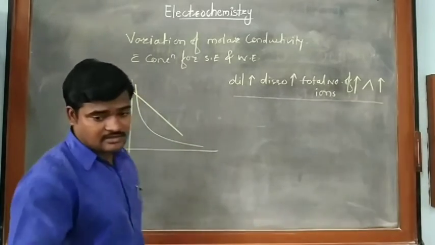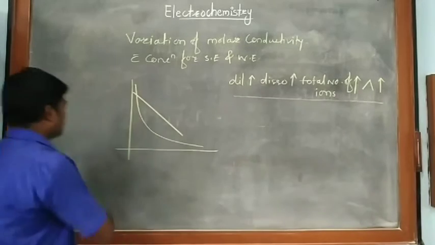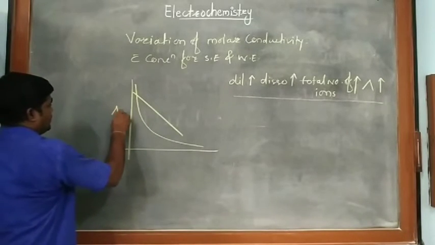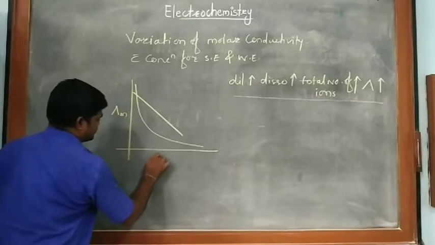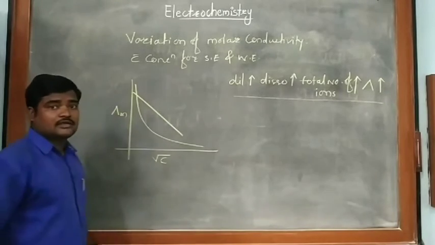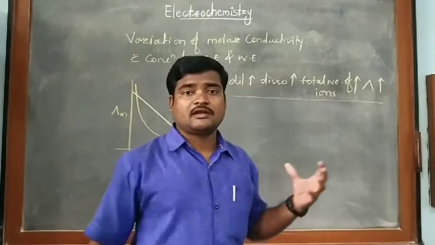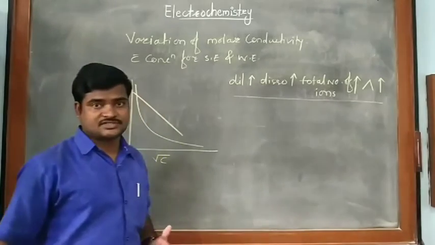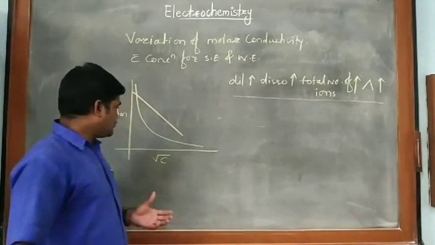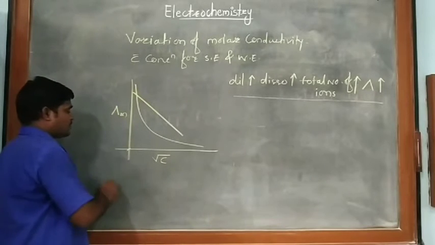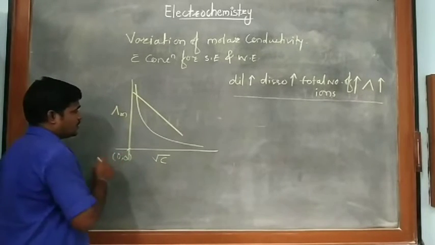This is the graph of lambda m versus square root of C. Lambda m is the molar conductivity and square root of C is the concentration. This graph starts from the origin, 0, 0.